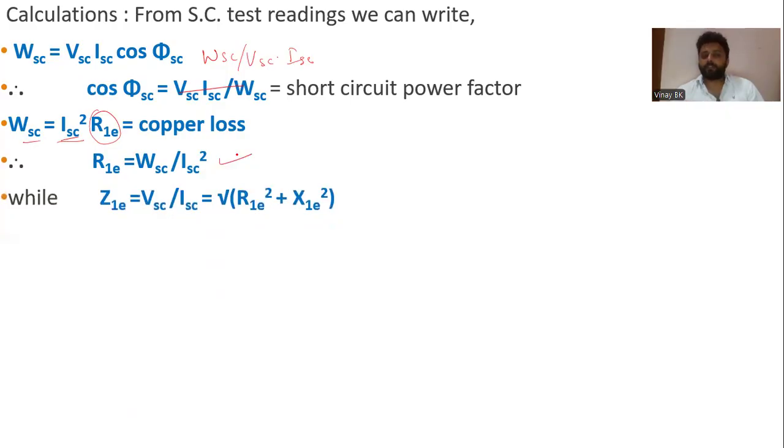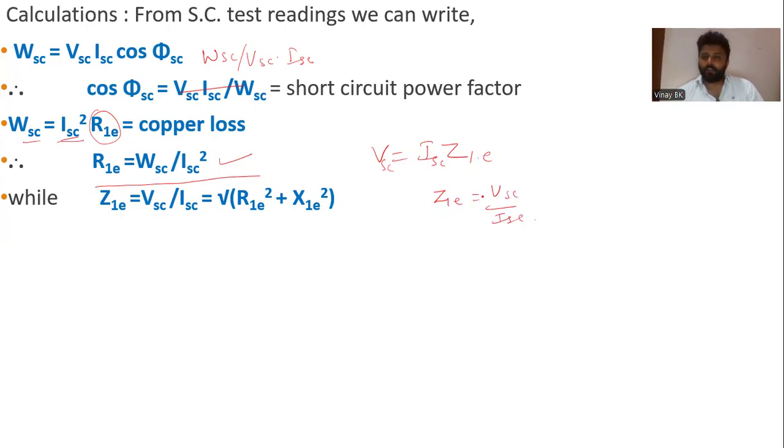Hence, after finding the value of R1E, we find the total Z1E. We know that V equals I into Z. For the short circuit voltage and short circuit current, the equivalent impedance referred to the primary winding, Z1E, is given by VSC divided by ISC.